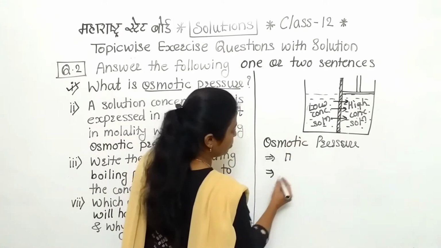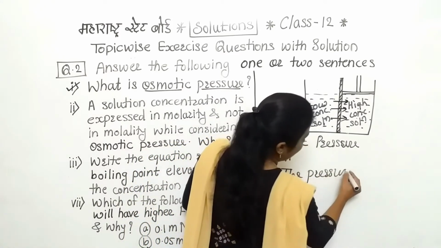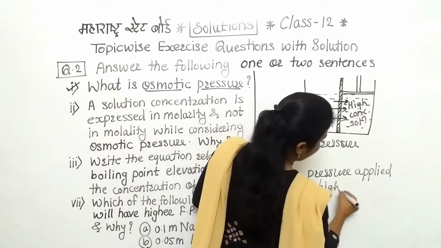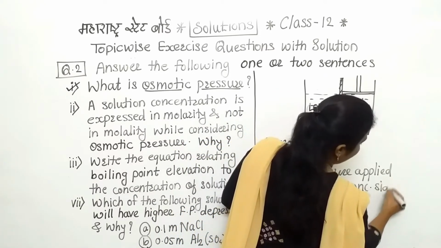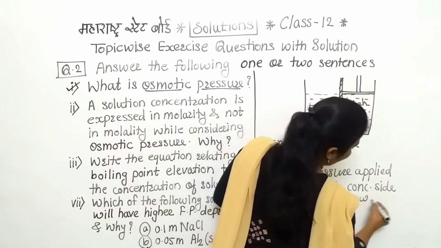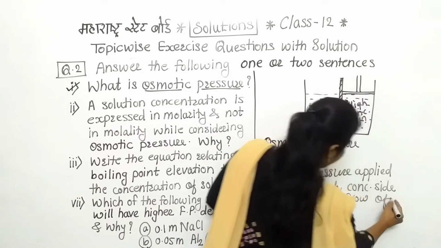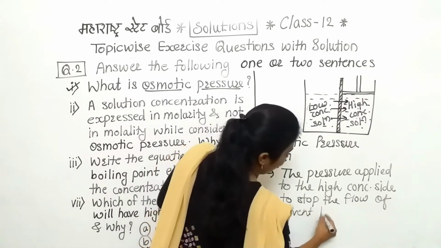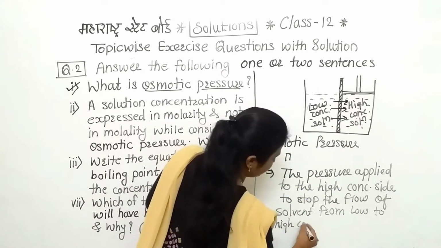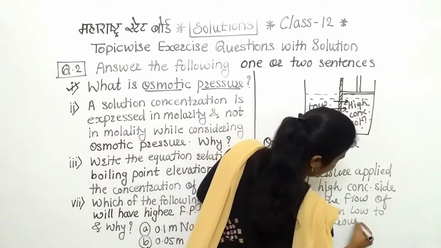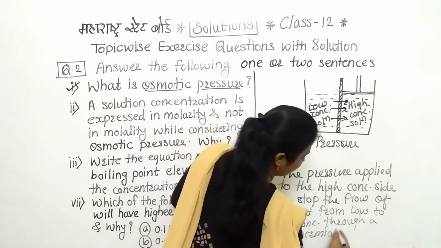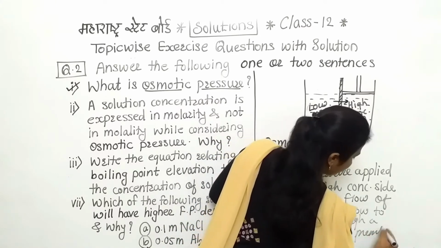Osmotic pressure is the pressure applied to the high concentration side to stop the flow of solvent from low concentration to high concentration side through a semi-permeable membrane, and that is nothing but the osmotic pressure.